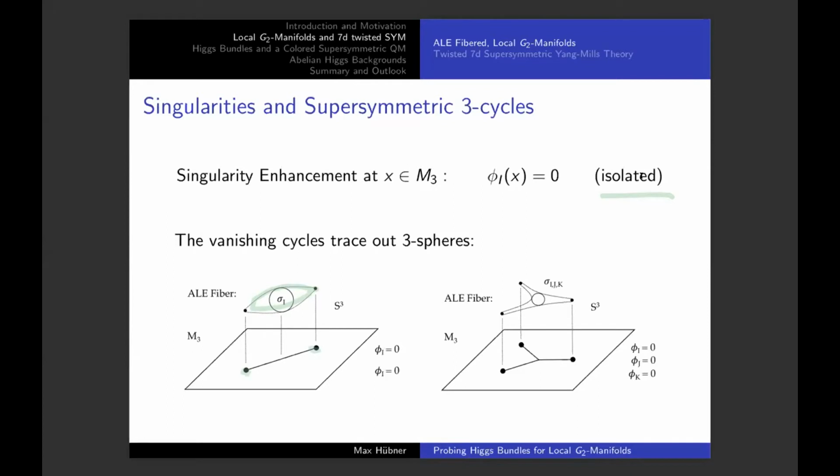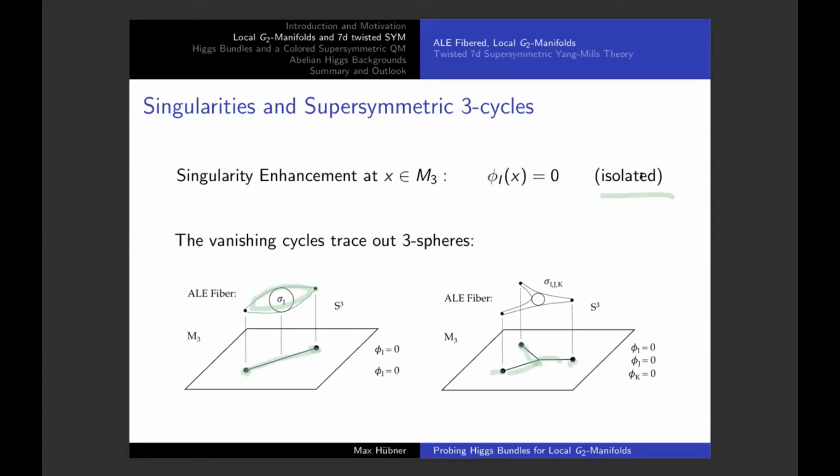On the right-hand side, I've drawn another supersymmetric 3-sphere, traced out by three linearly dependent 2-spheres, sigma_i, sigma_j, sigma_k, which each collapse above three distinct points of the base. Projecting these 3-spheres to M3, one finds lines and a Y-shaped tree which connects the loci where the singularities enhance.